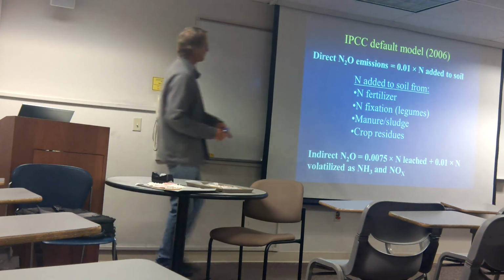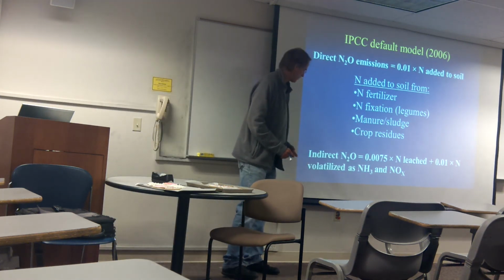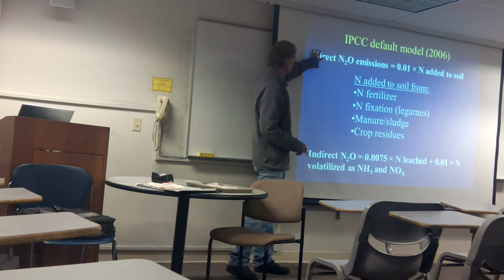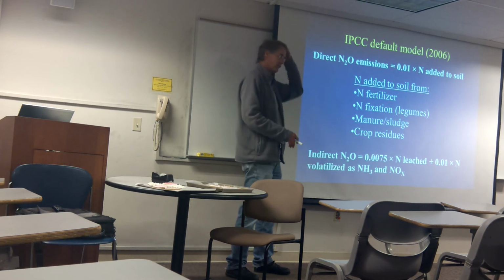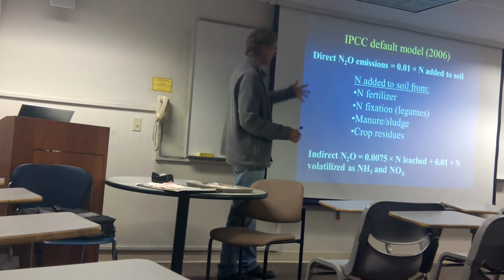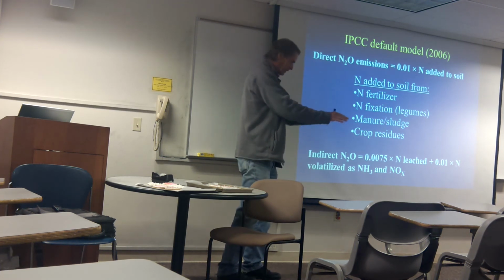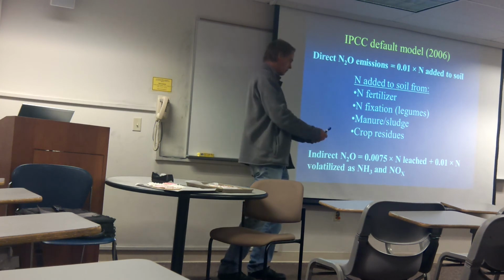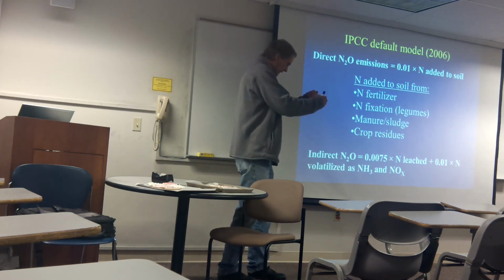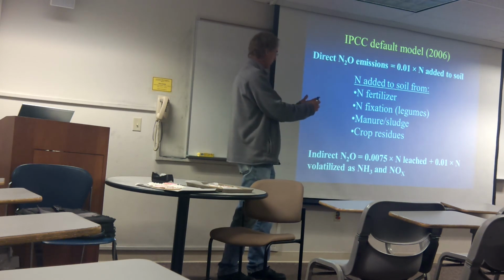So notice up here I have something called direct N2O and something called indirect N2O emissions. This doesn't have anything to do with direct and indirect land use change, which is another issue we often deal with in these life cycles. What this refers to is, let's say I've got an agricultural field and I'm putting manure or fertilizer on it, and at that location I'm getting some of that nitrogen coming back out as N2O.